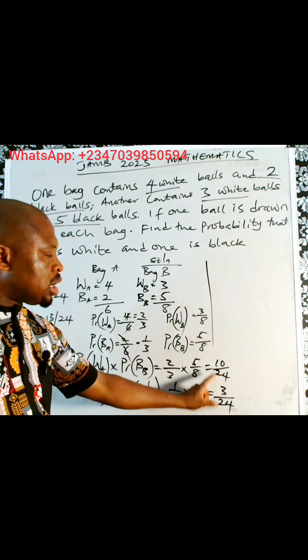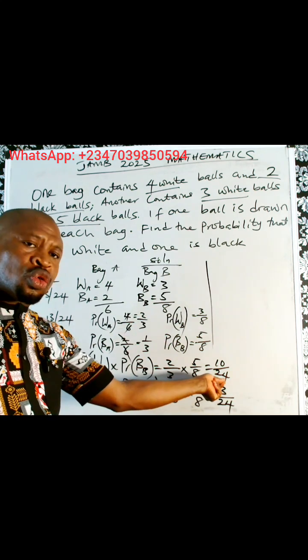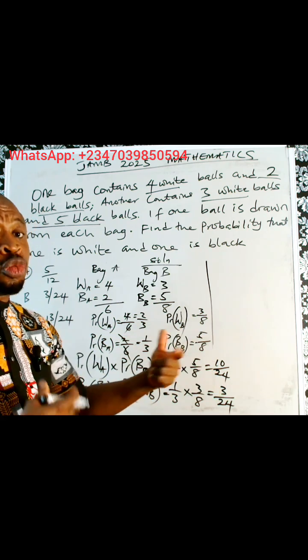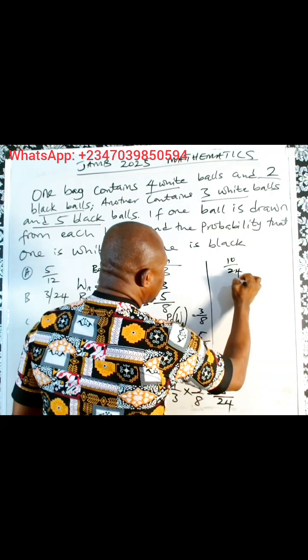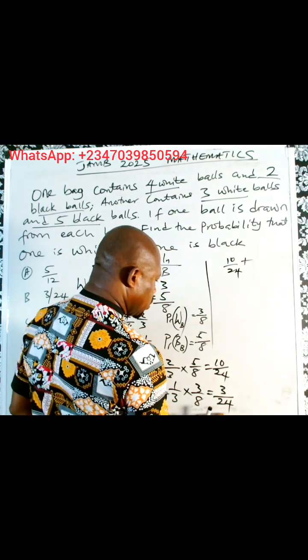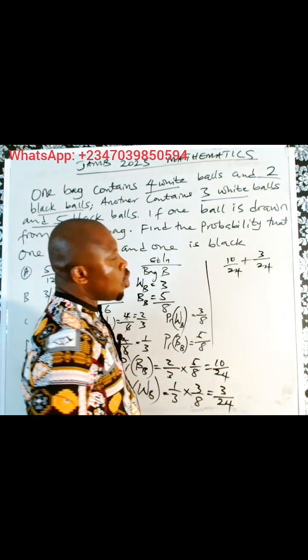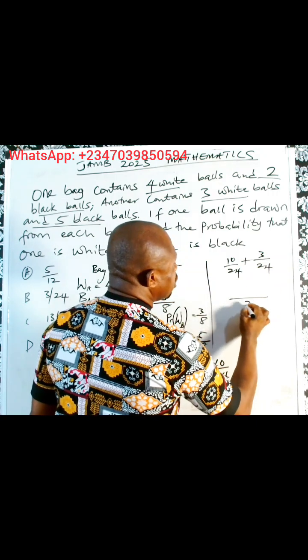Now, having the probability of the first and second cases, what do we do? We add those probabilities. When we add them, we have 10/24 plus 3/24. We take the LCM, which is 24.